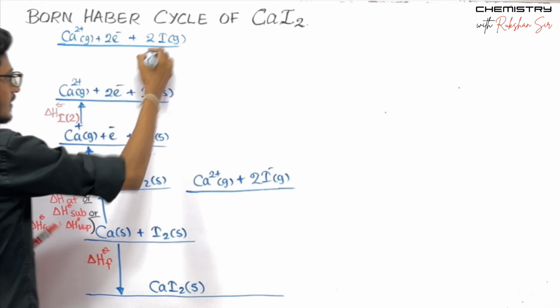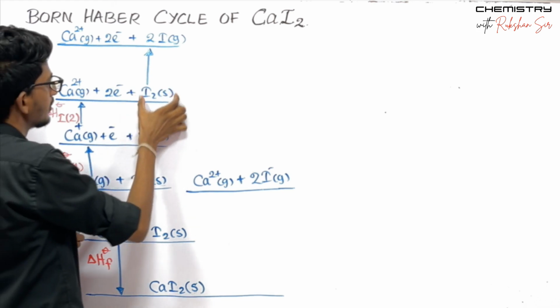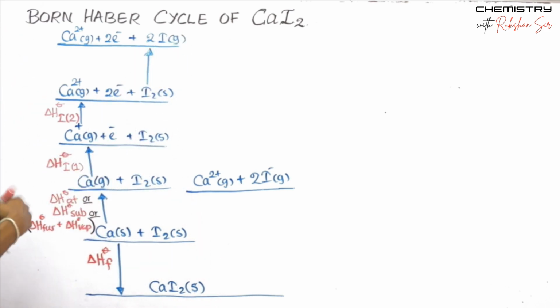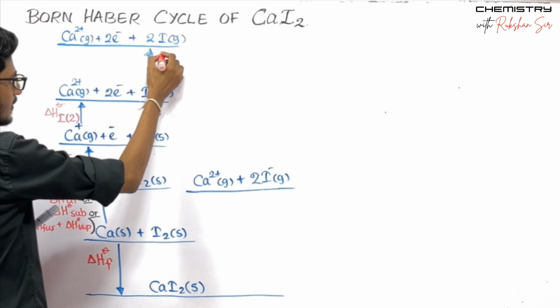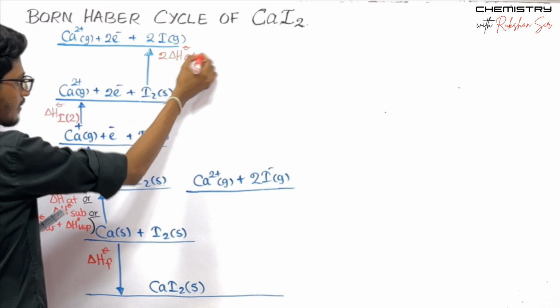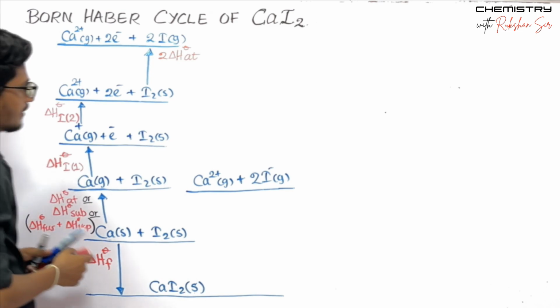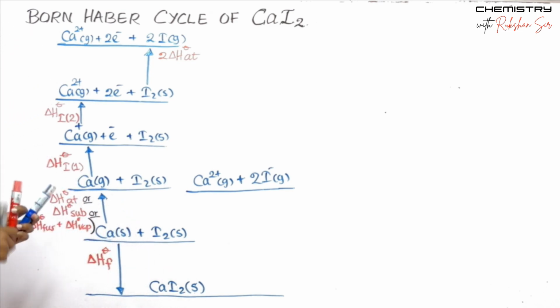One thing is just the atomization, starting from the reference form. That means two of atoms are to be formed, so delta H naught of atomization.